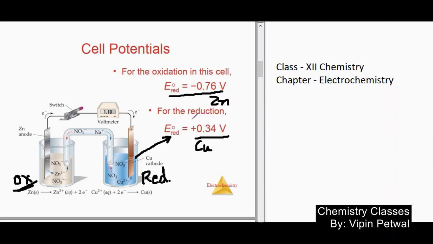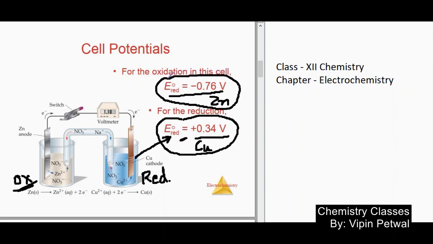Simply we can say that at standard condition, this one is the reduction half cell potential, and at standard condition this one is the oxidation half cell potential.